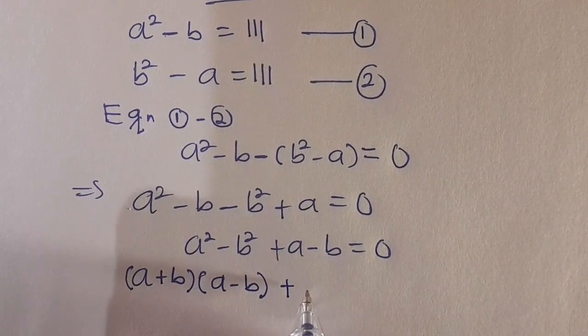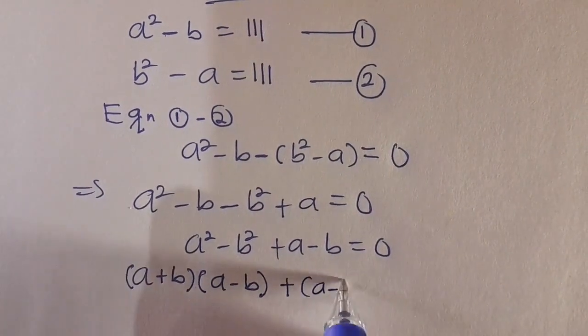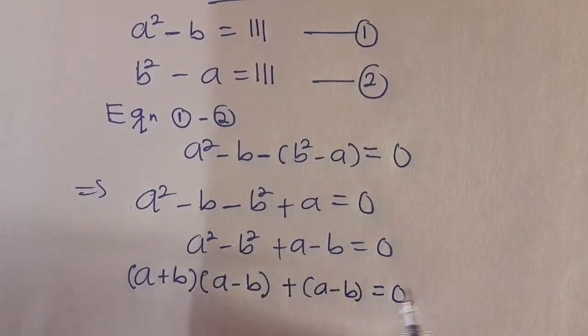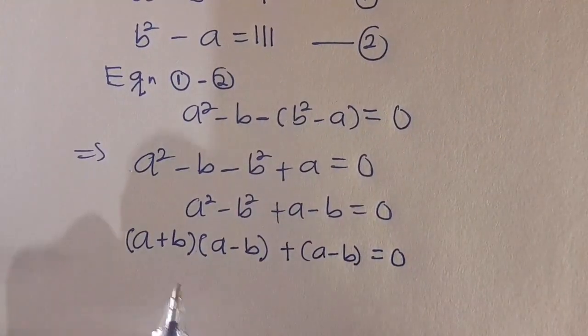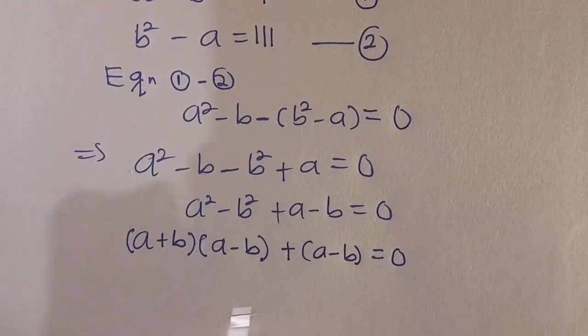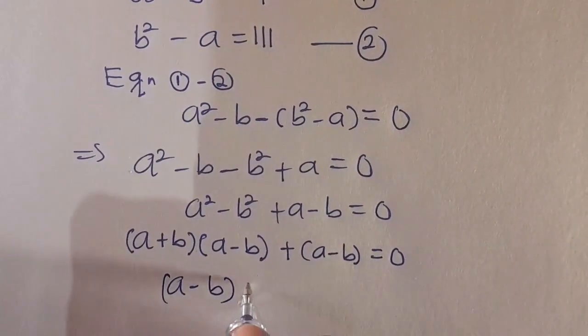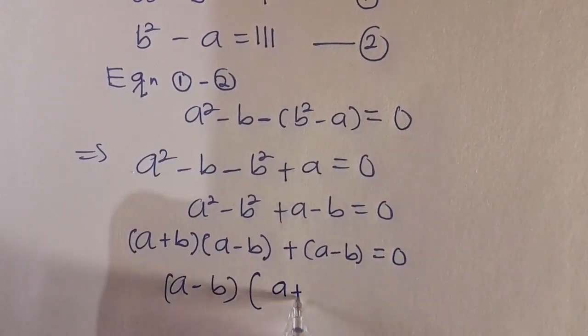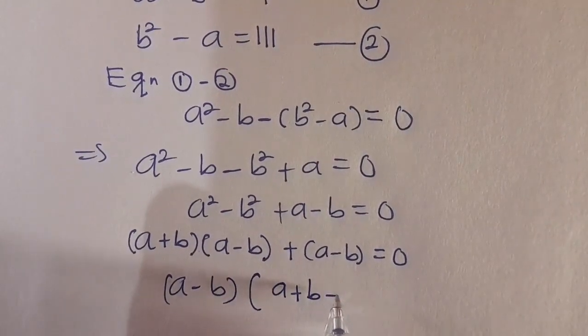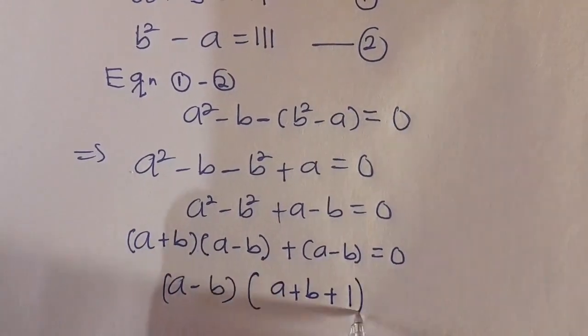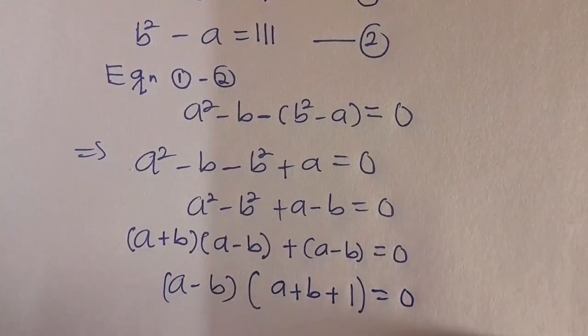Obviously we have a minus b in common. We can factor it out to be a minus b times a plus b, then the remaining 1, and everything equals 0.